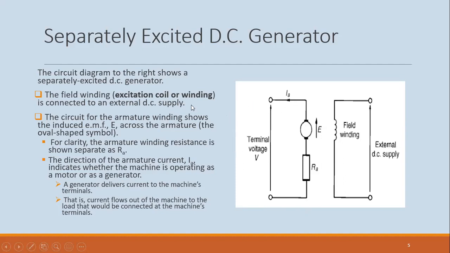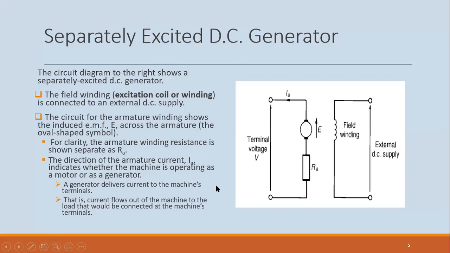This is the separately excited machine, because the field and the armature conductors are not connected together directly. They are only connected by the flux. Flux produced by the field winding would be cutting across the armature. And remember, in a generator, the armature would be rotated inside the field to create that induced EMF.